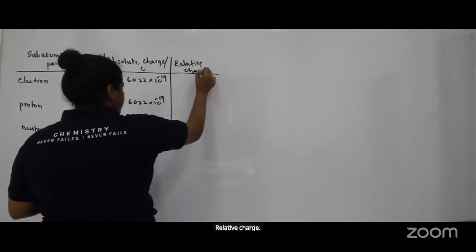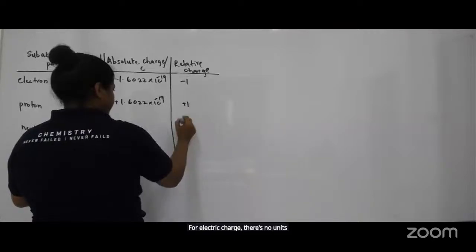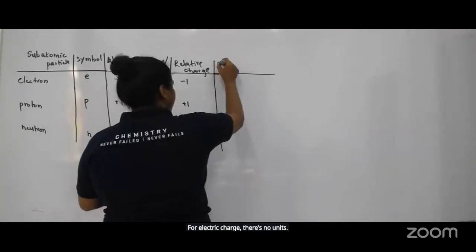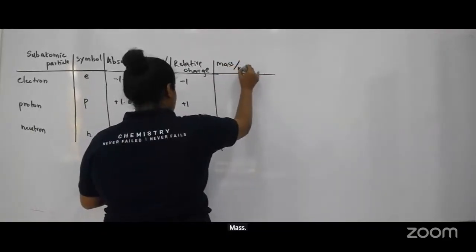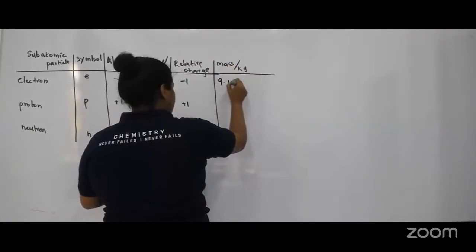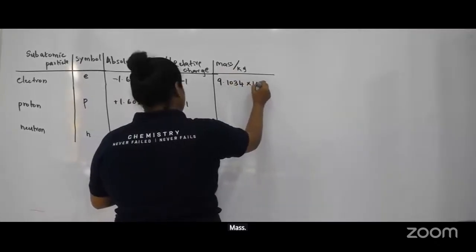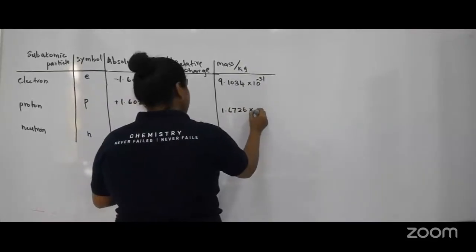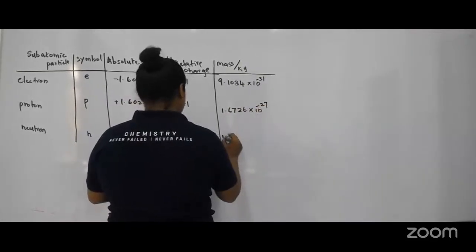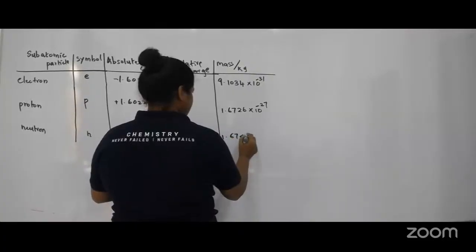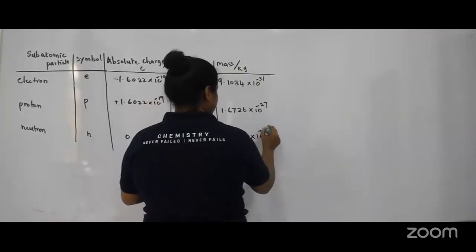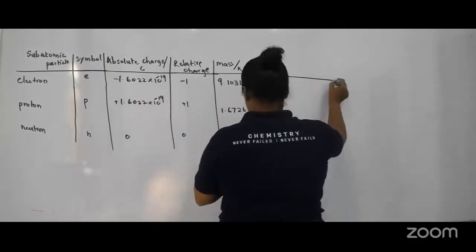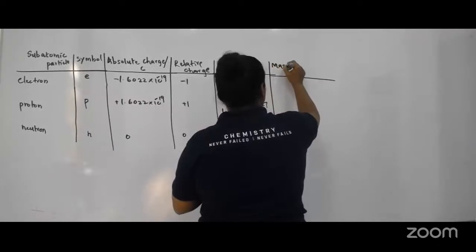For relative charge, there are no units. Mass, and then mass in unit u.